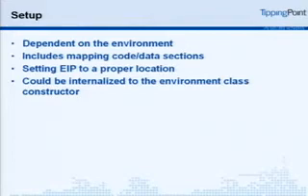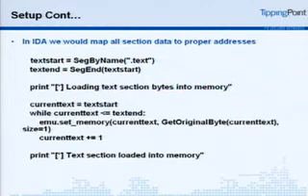And what you can do is, if you did these things all the time and you didn't want to use the same canned phrases in each script you write, you could just take them and put them in your environment class if you wanted to. So you'll see right here, this is IDA PyEmu, and this is basically how you map the sections.